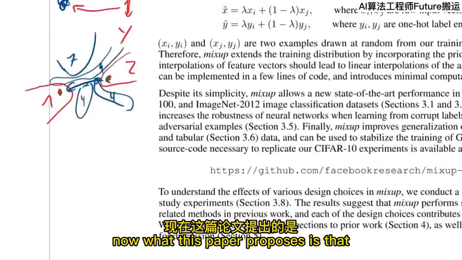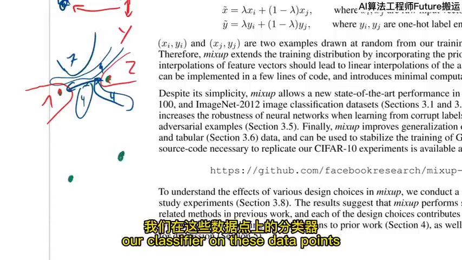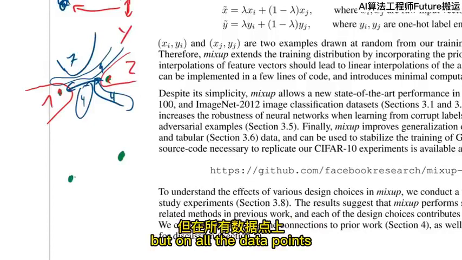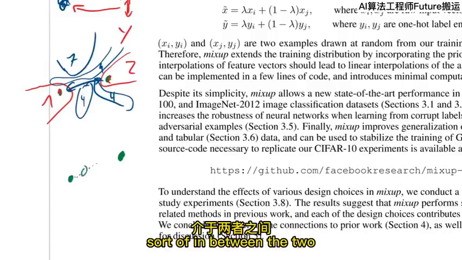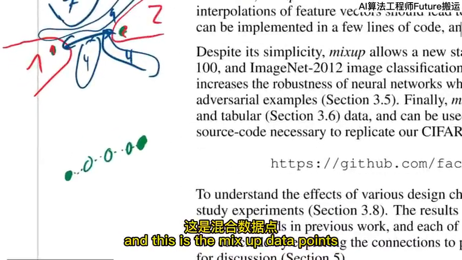Now, what this paper proposes is that we should not only train our classifier on these data points, but on all the data points sort of in between the two. And these are the mixup data points.